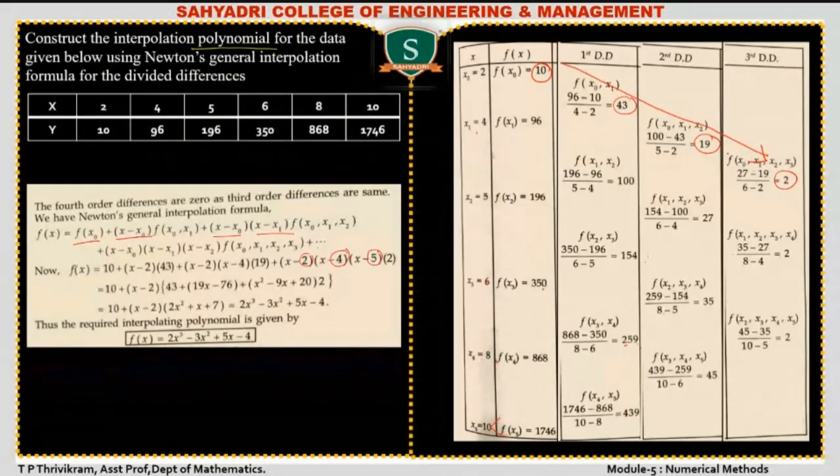Like first this one. Forward difference or backward difference, we'll use to write one diagonal line, right? So here also it follows the same thing. Fine.